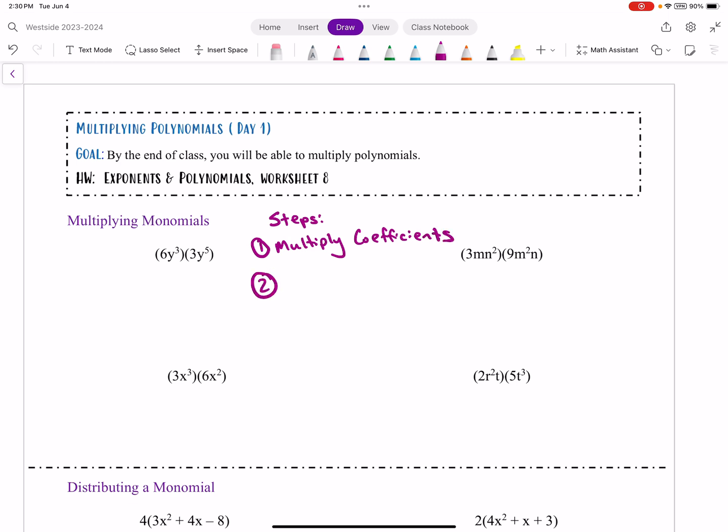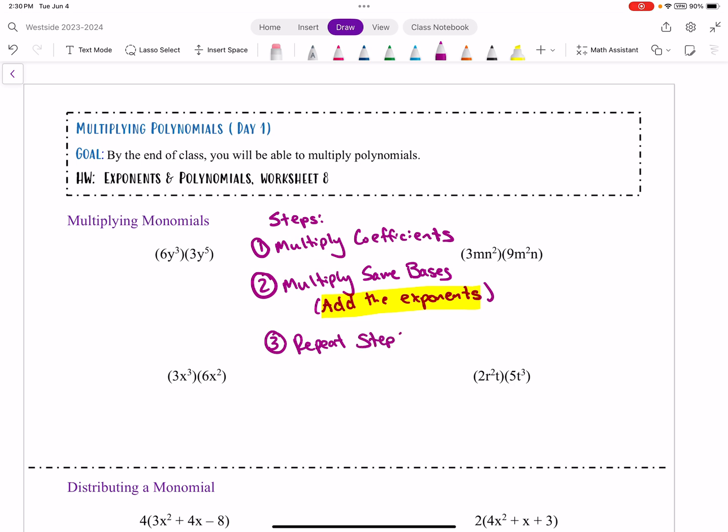Step 2 is to multiply the same bases, which means we're going to add the exponents. Even though this is a multiply problem, we are going to add the exponents. And then step 3, you are going to repeat step 2 for all variables.